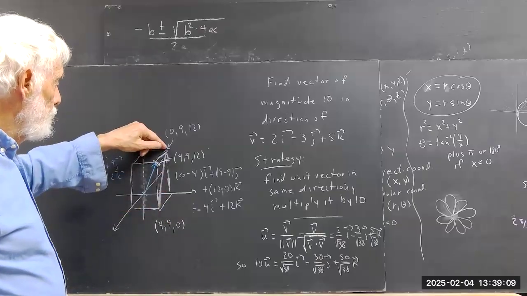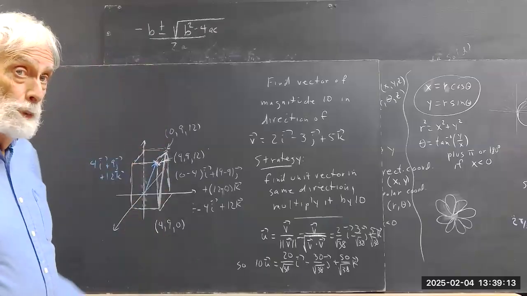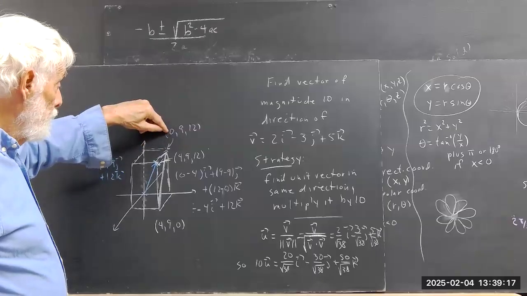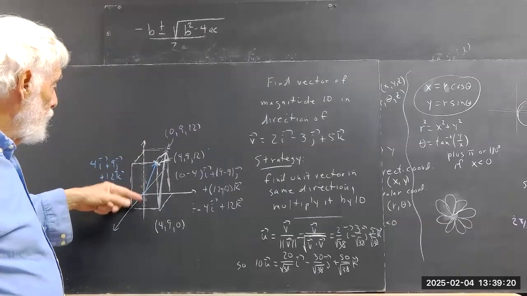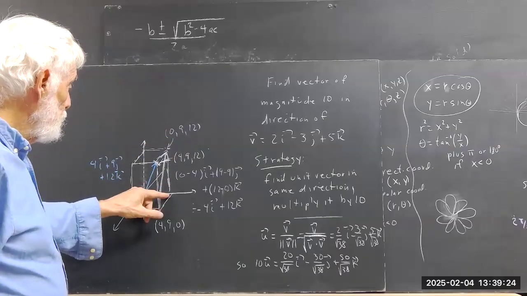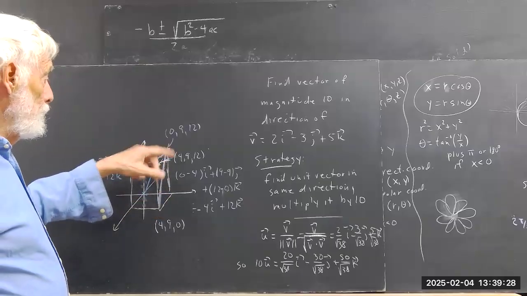This point here is on the back face of the cube, which is in the YZ plane where X equals 0. So X equals 0 back here, but Y is still 9. To get from the origin to this point, we've got to go 9 units and then 12 units in the k direction. So 9j, 12k.